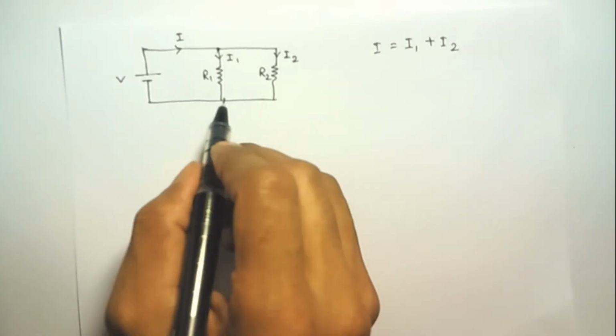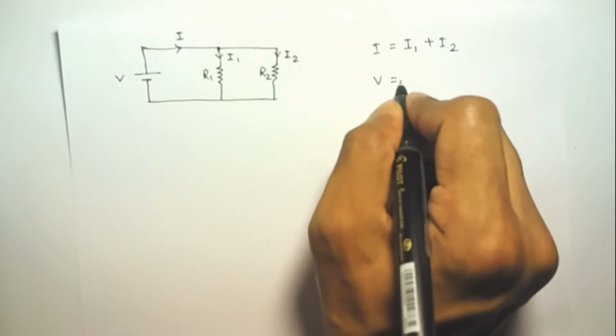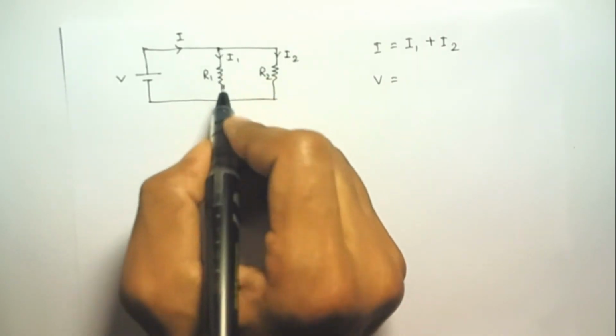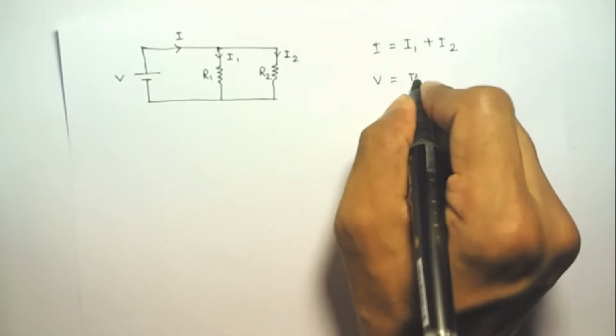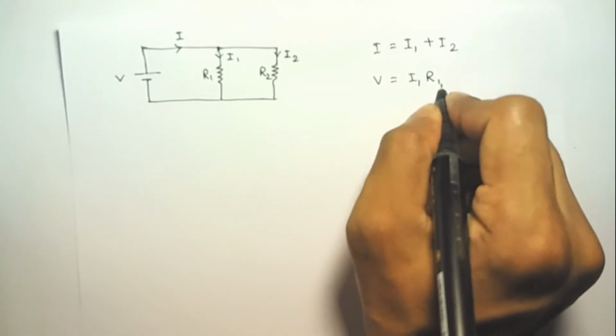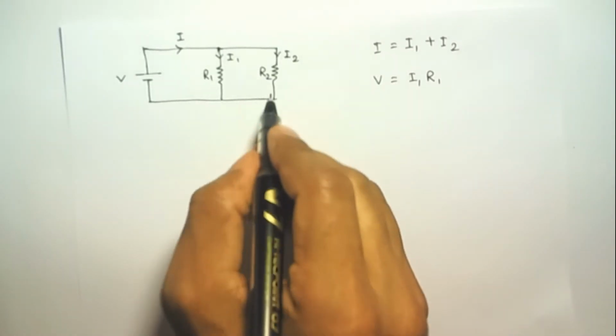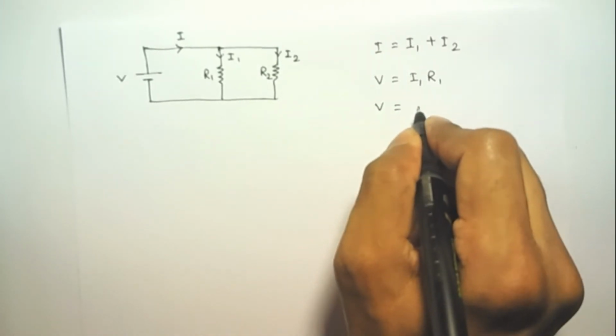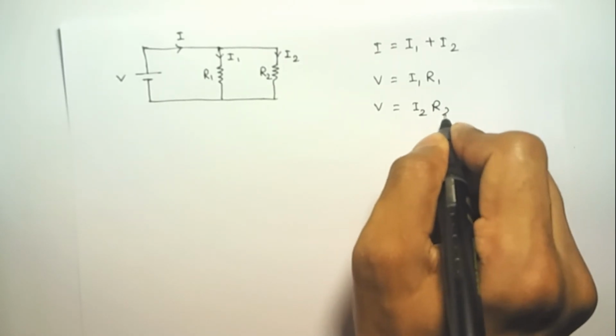Now the voltage V equals the voltage across R1, which is I1 R1, and the voltage across R2 is also V, equals I2 R2.